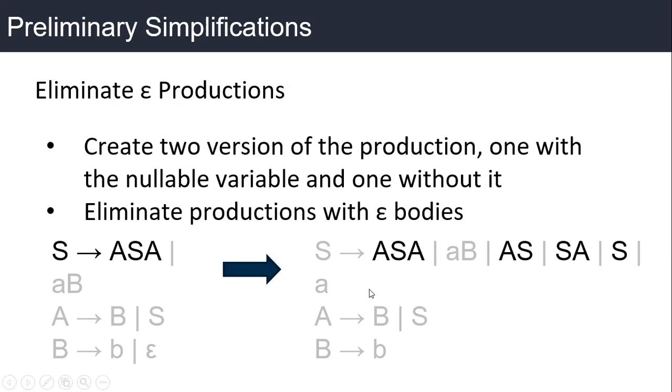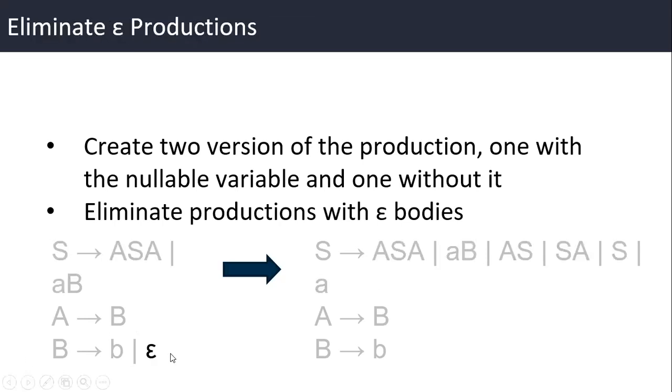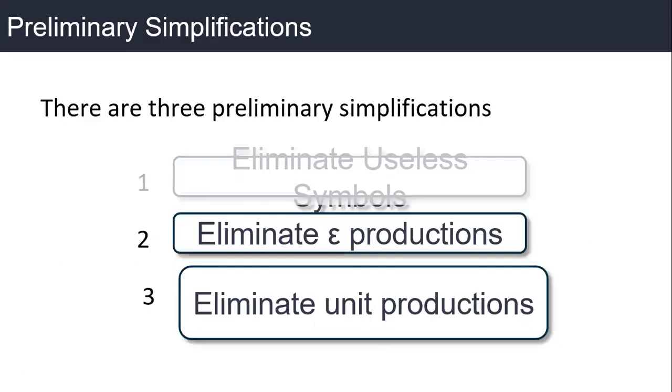When we put epsilon over here, we get AS. When we put epsilon over here, we get SA. Similarly, when we put epsilon in both places of A, we get S. Now we can see that B is also producing epsilon. When we put epsilon for B, we get a single A. Thus we can easily remove epsilon from the grammar.